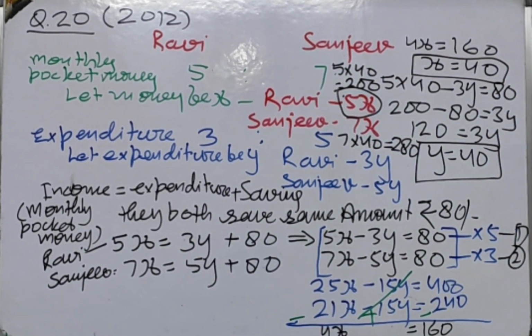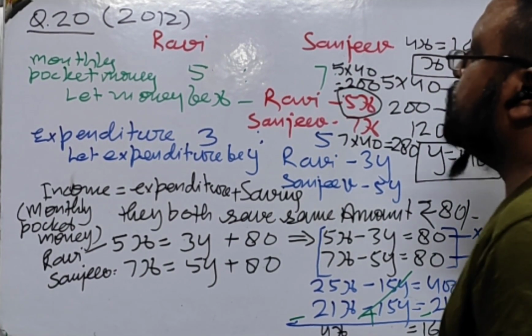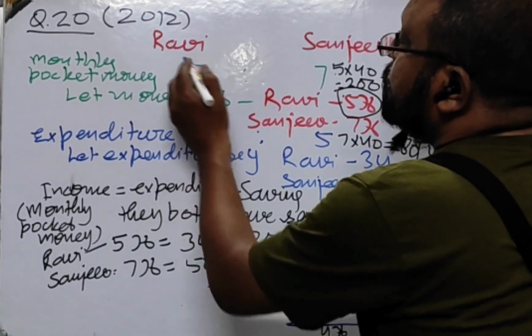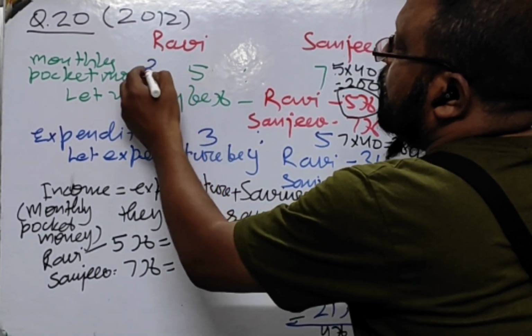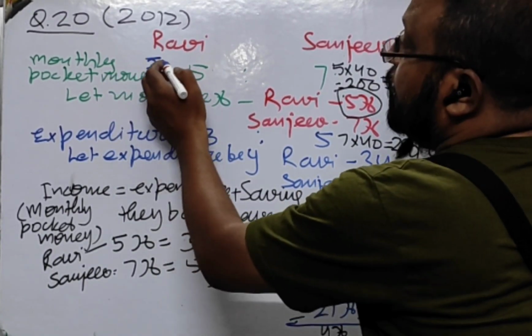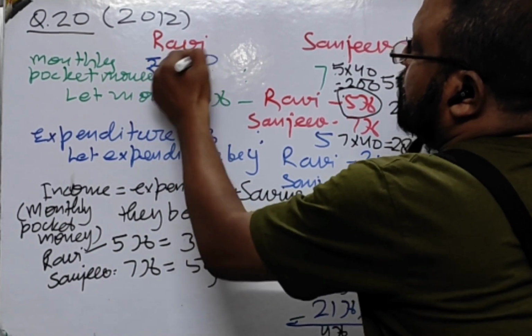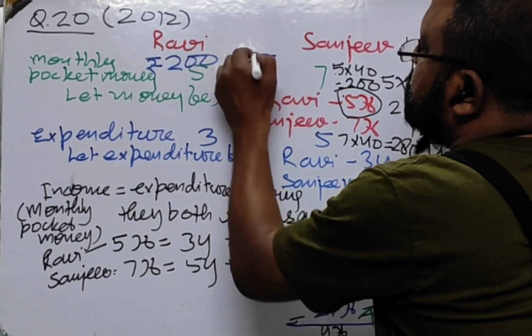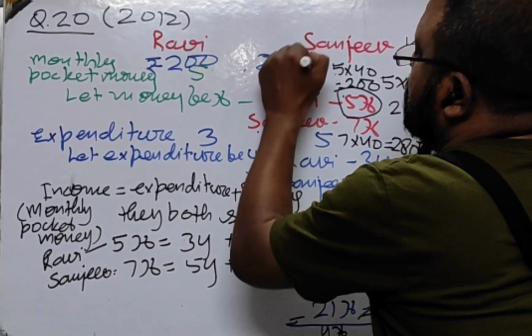Ready? So the monthly pocket money of Ravi is 200 and of Sanjeev is rupees 280.